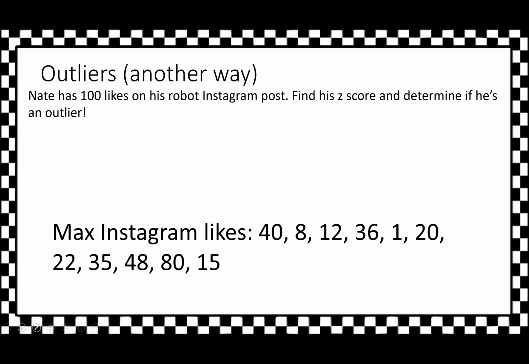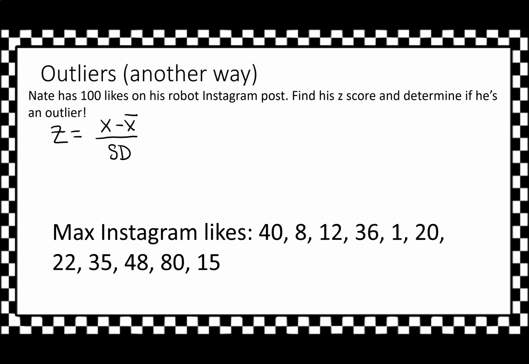All right, Nate the Great has 100 likes on his robot Instagram post. Find his z-score and determine if he's an outlier. Now, who remembers the formula for z-score? I do. Z-score is going to be equal to your x minus x bar over standard deviation.